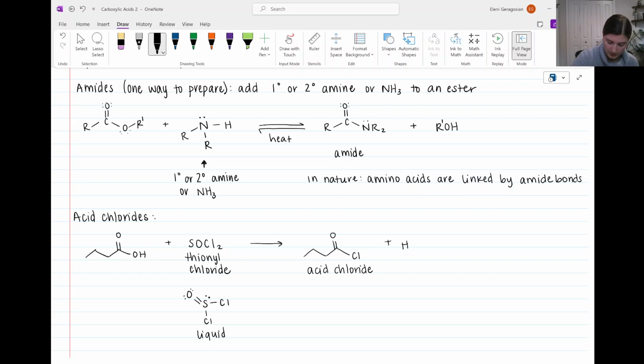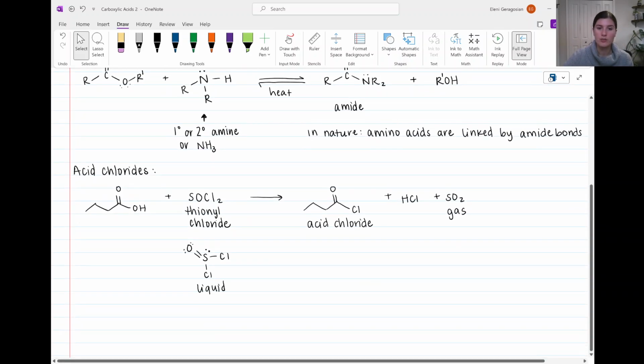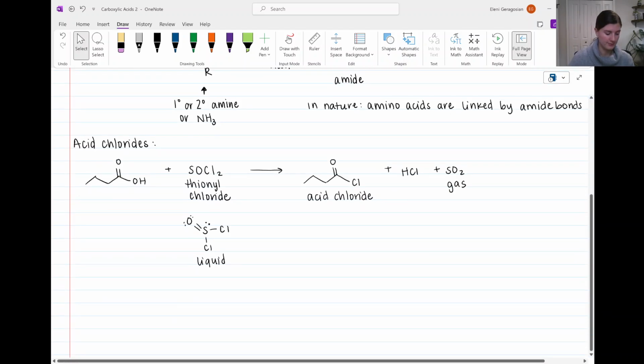Byproducts are hydrogen chloride and SO2, which is a gas, so that would be bubbled off. So thionyl chloride SOCl2, if you see that in the presence of a carboxylic acid, remember that that will form the acid chloride, where the OH group is replaced by the chlorine.